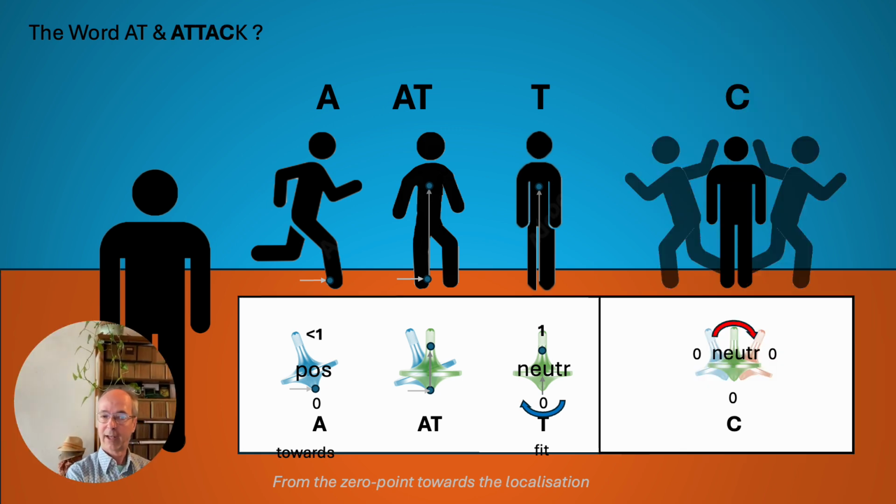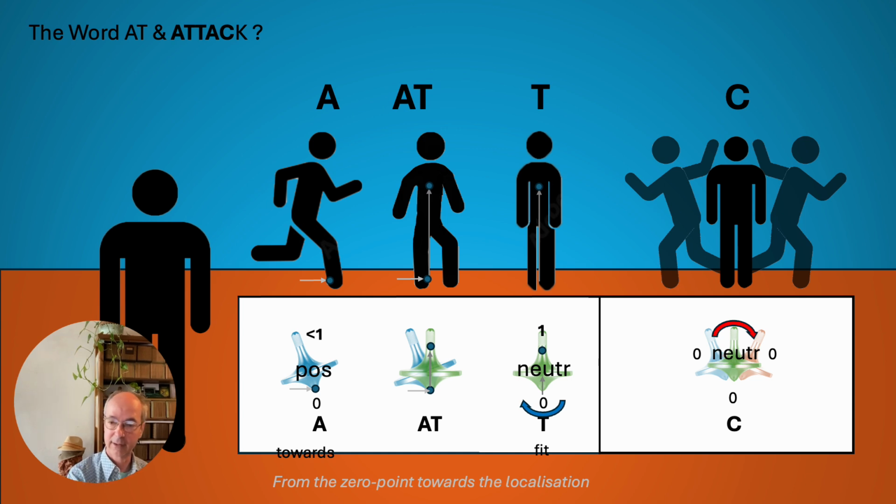Well, for the word attack, which is also with A, T, and K, we still need the letter C. So what is the letter C? From the three angles, you see the movements of out of balance, and I go towards the middle of the neutrality. So I find the neutrality between the going out of balance.